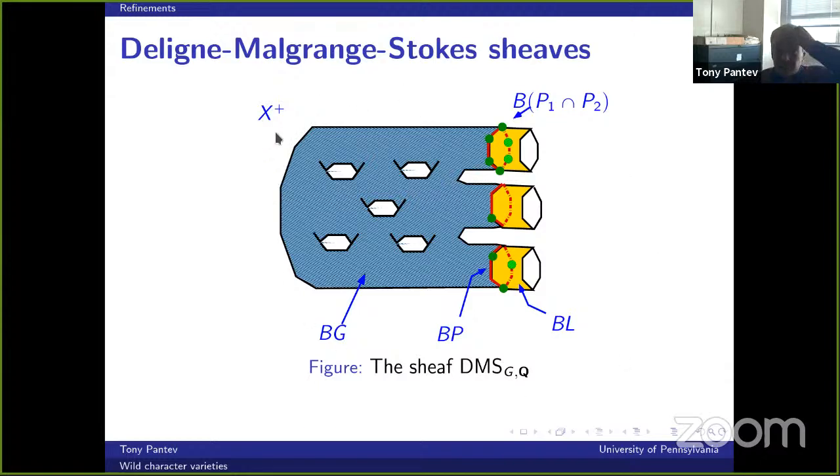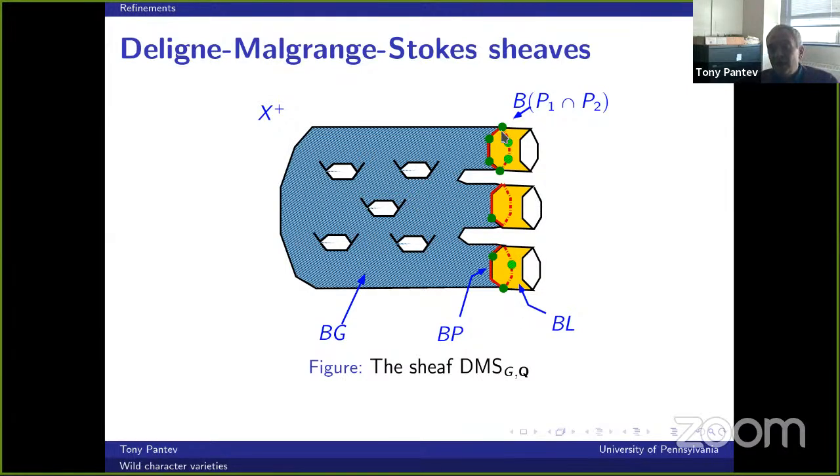If you take your surface X plus, remember, it was really a stratified surface. It had this inner stratum, which was the original surface X. It had this yellow neck that I introduced around each puncture.